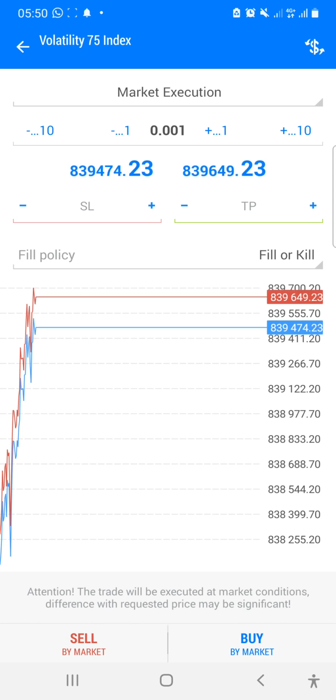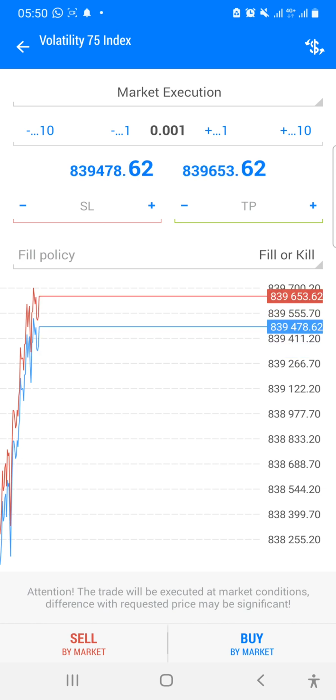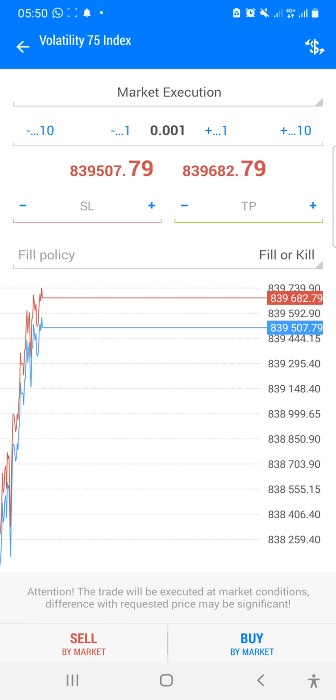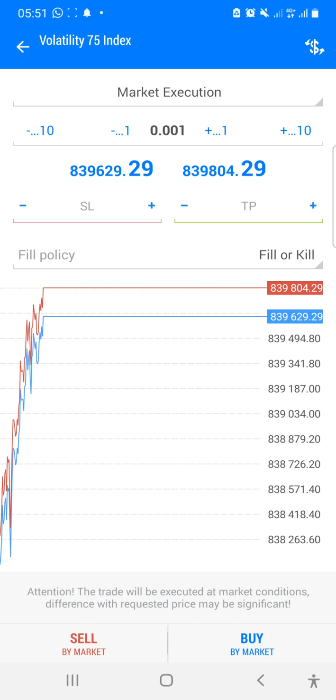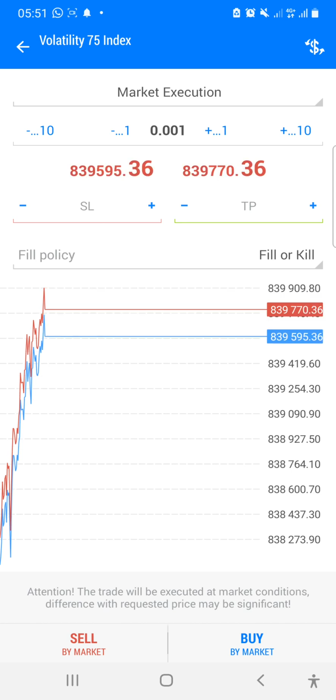This may seem small, but it's something you can make so much from, and there are opportunities, even if you have $1 or $3, especially when you get confirmation entries.